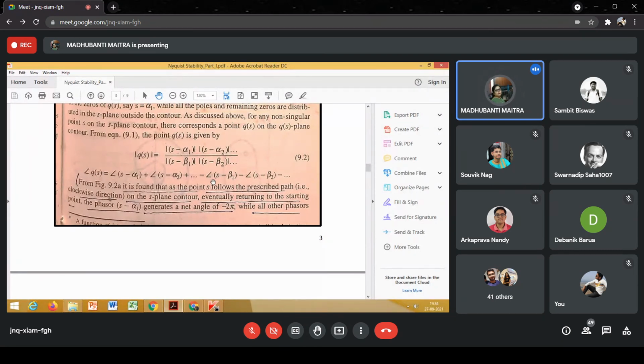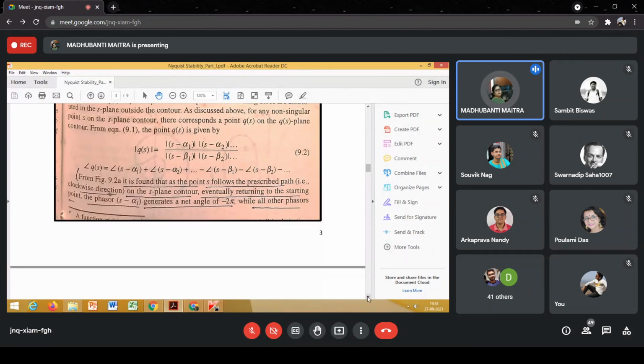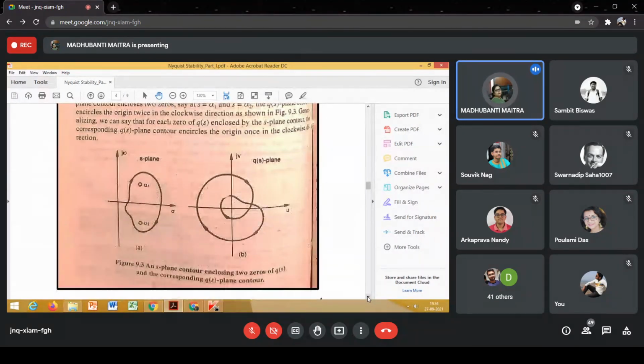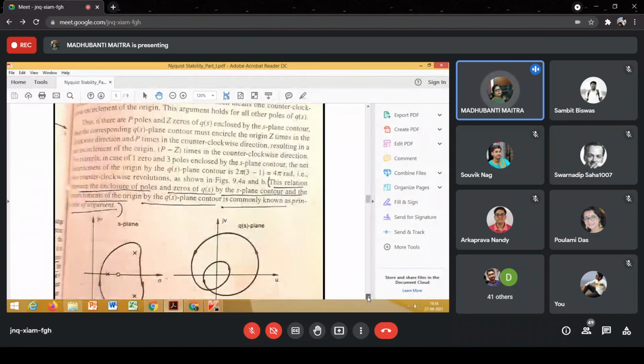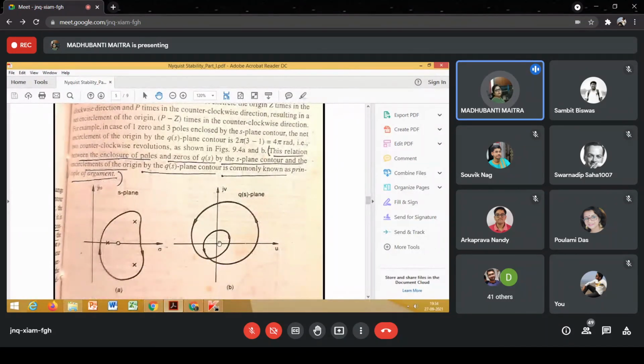Have you understood this? Yes, ma'am. Exactly. So that means 2 into 2 pi. That means the corresponding Q(S) plane contour will encircle the origin of the Q(S) plane twice in the counterclockwise direction. So you see, while we'll be sketching the Q(S) plane contour for a given S-plane contour, the arrow directions are very, very important.